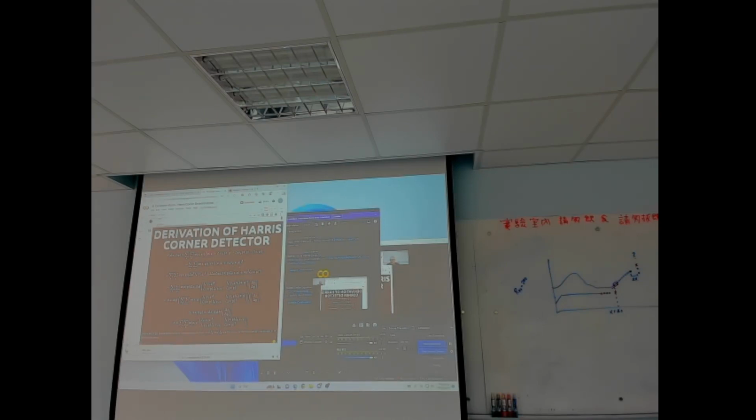So we get delta x squared Ix squared plus 2 delta x delta y, first x, then y derivative, plus delta y squared, y derivative squared. So this would be our equation here.